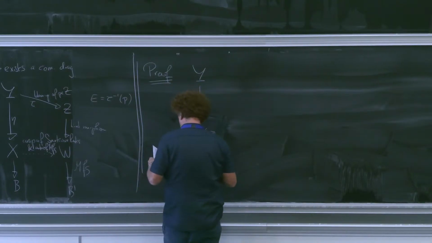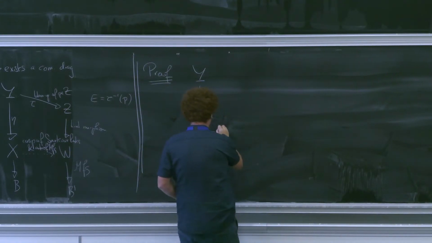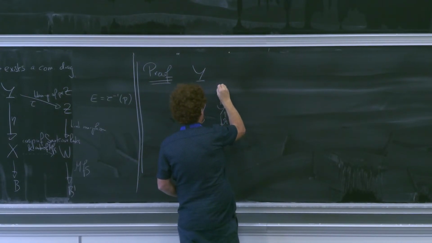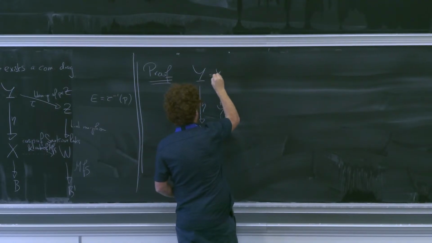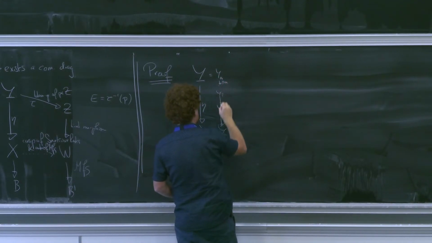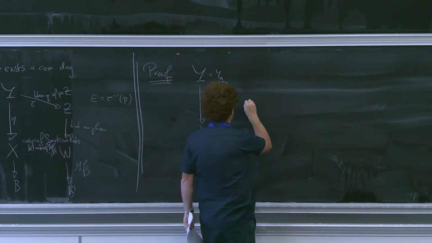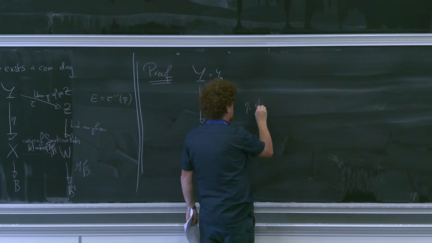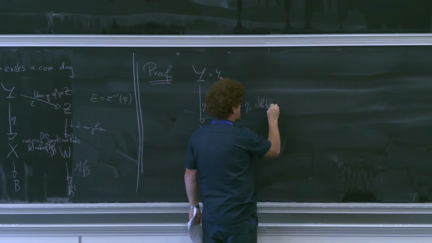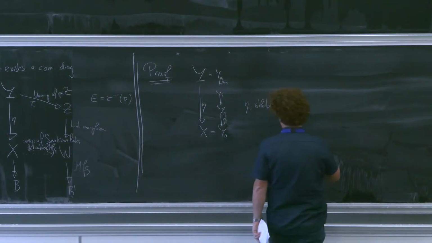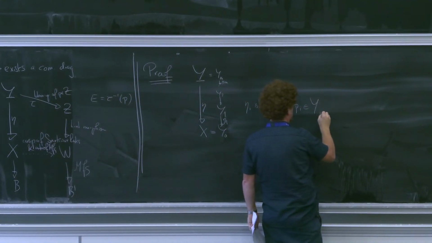So you write x is y0, 1, 2, m. And then you have a sequence of blow-ups. So eta i is the blow-up of pi, and pi is in y_{i-1}.